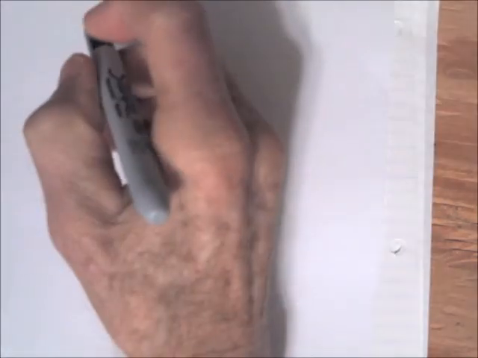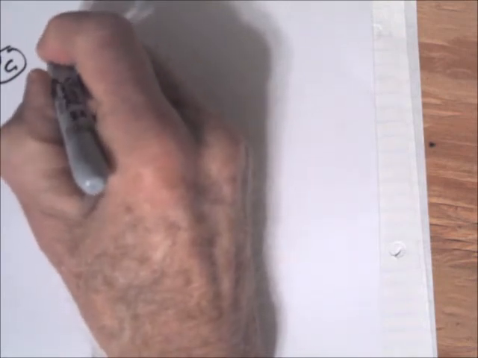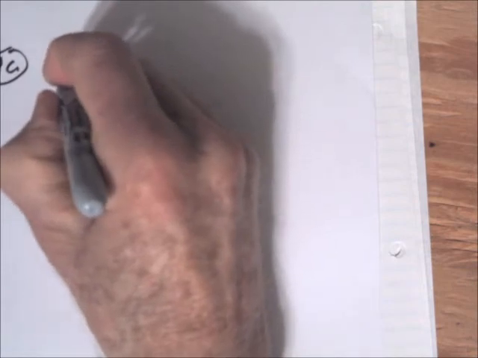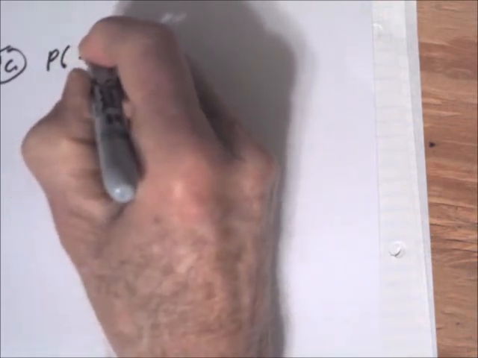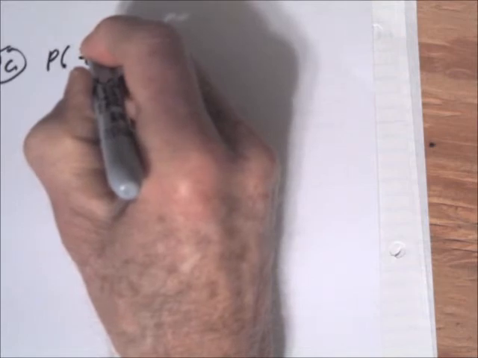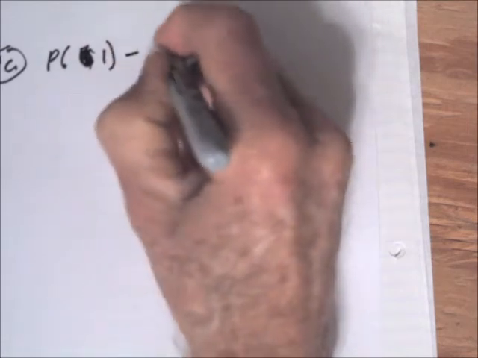Okay, so this is 4C. So this is going to be p of 1 minus p of 3/4.